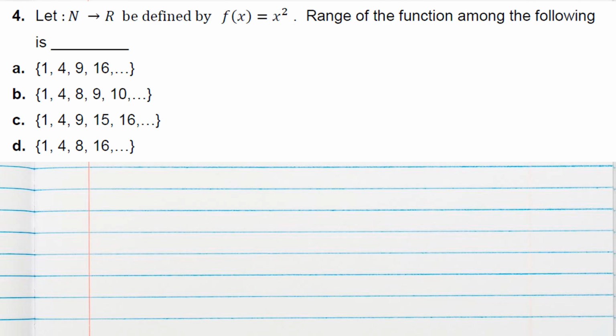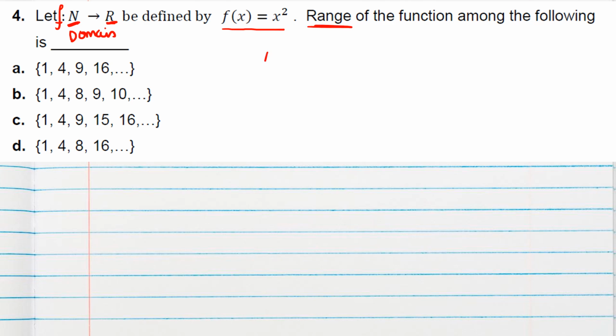Question number 4: let f from N to R be defined by f of x equal to x square. Now here this is the domain and this is the codomain. So you should know what is domain and range.